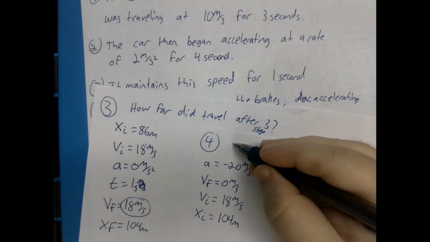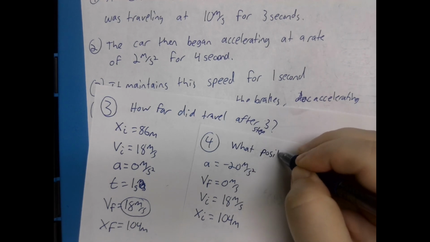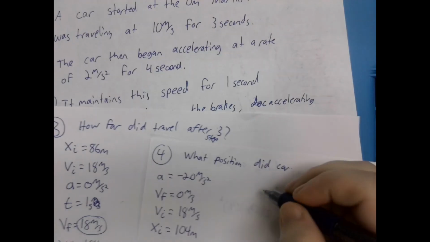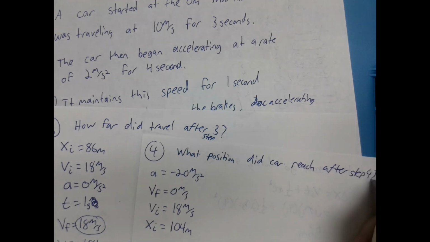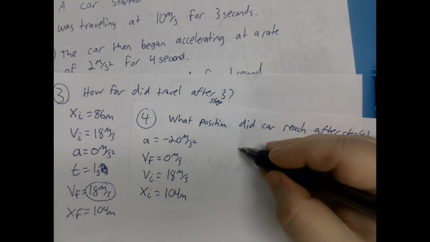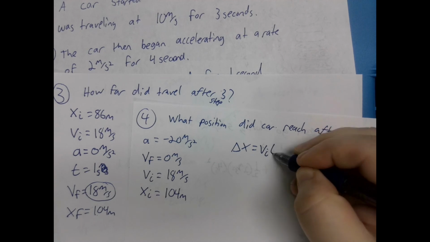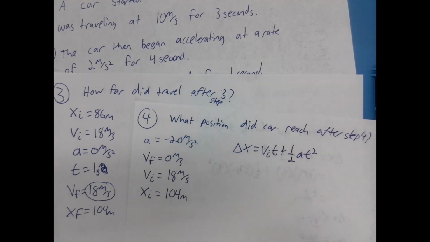So what position did the car reach after step 4? So again, we can apply our equation. Delta x is equal to vi times t plus 1/2 at squared.